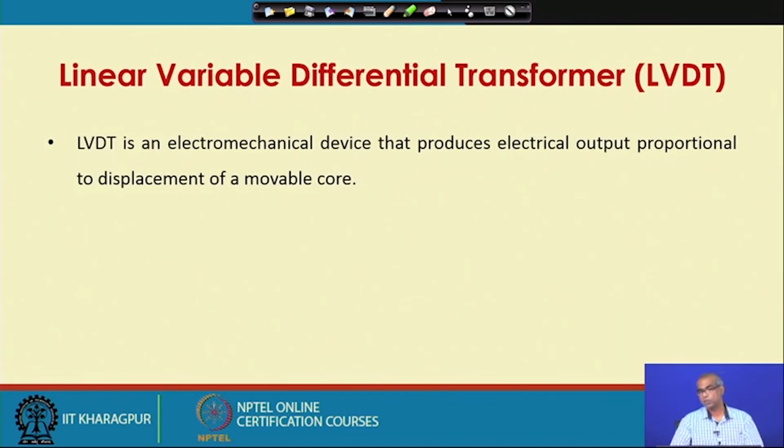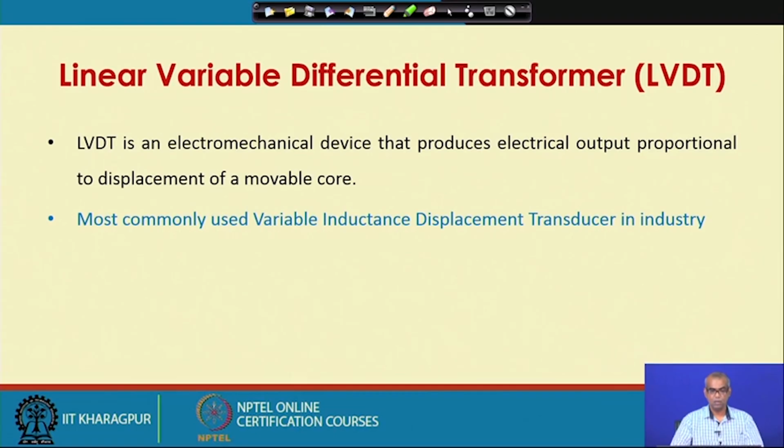Linear variable differential transformer or LVDT is an electromechanical device that produces electrical output proportional to displacement of a movable core. So, the displacement of a movable core gives the displacement input to the LVDT, and in return LVDT gives us an electrical signal as output.